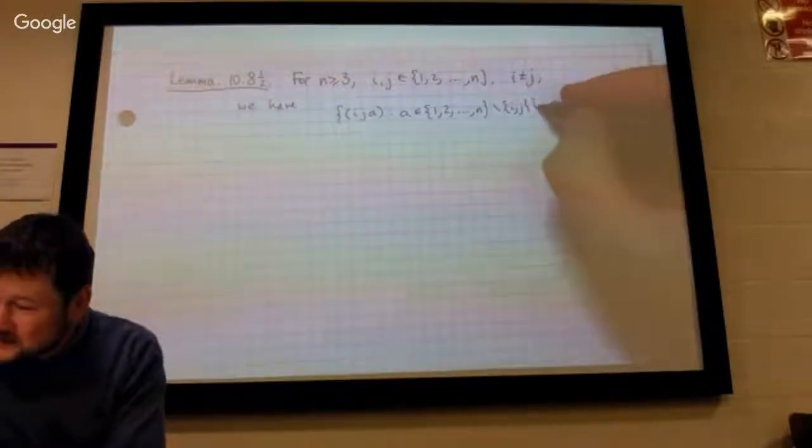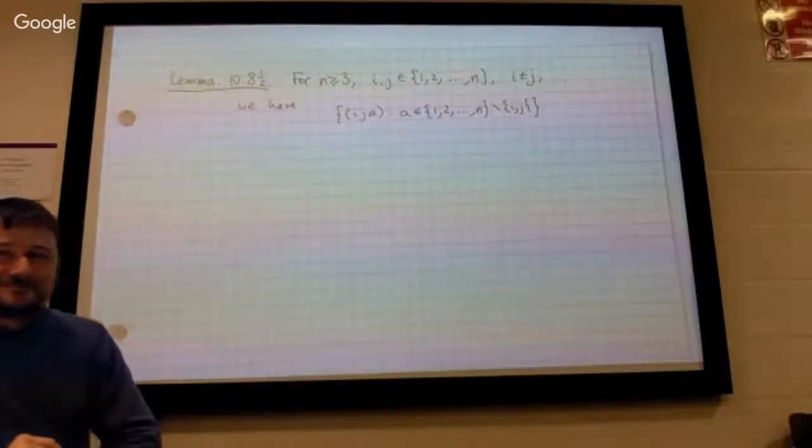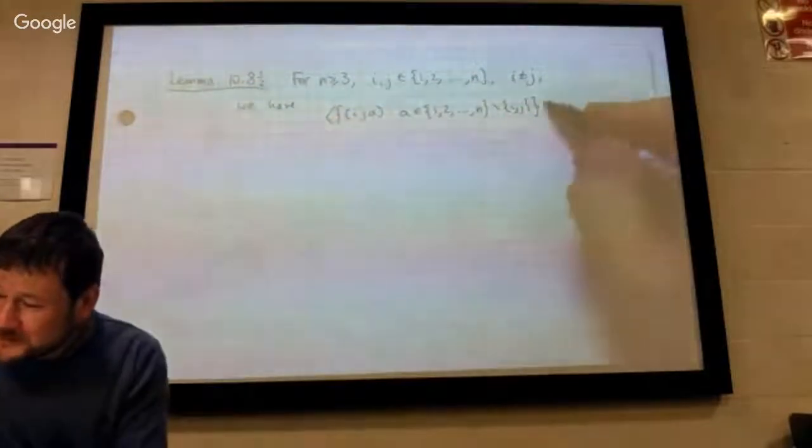It's fancy notation. And this generates the whole group.